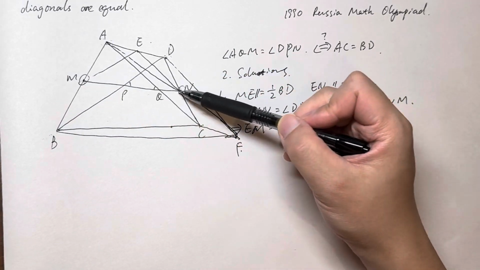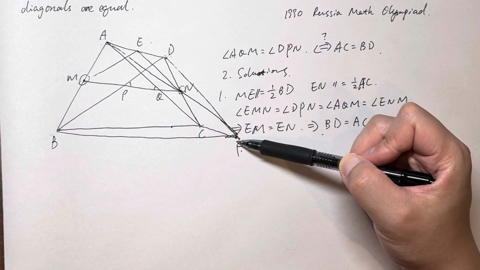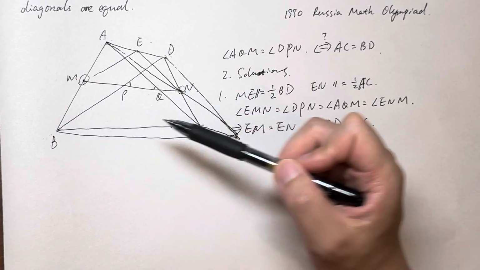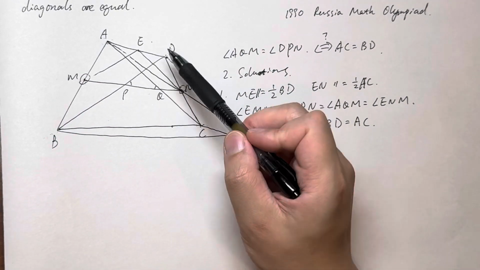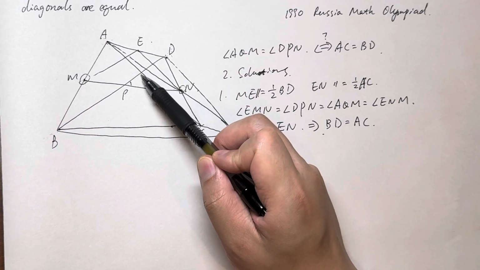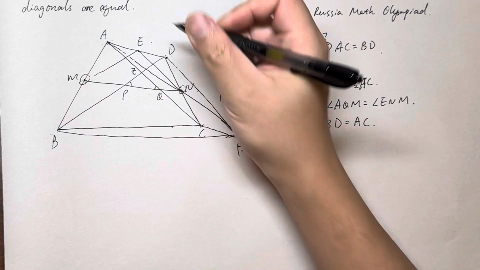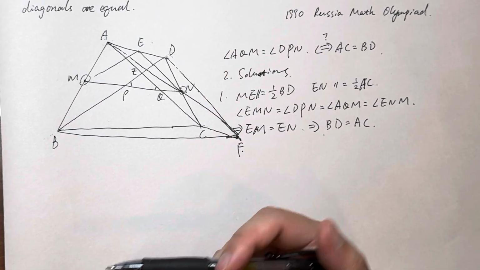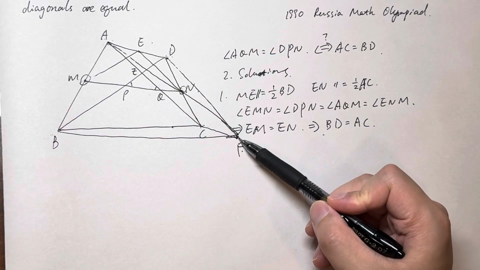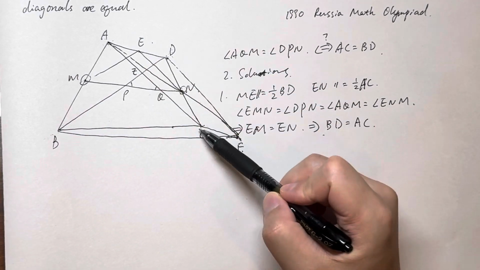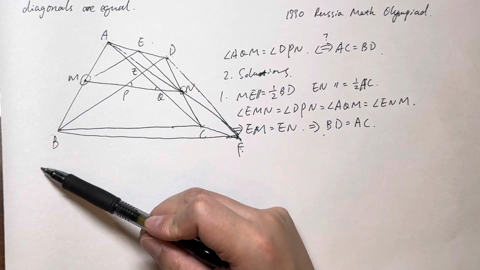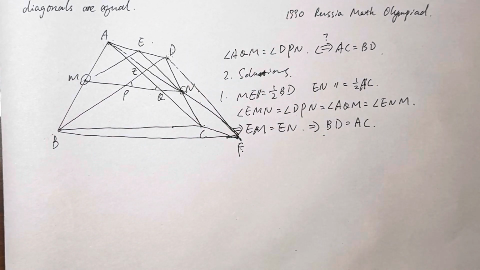And because MN is parallel with BF, that makes the angle DPN equal angle DBF, which means triangle DBF is similar to triangle ZPQ, which is an isosceles triangle, which means BD equals DF. And because ADFC is a parallelogram, that makes DF equal to AC, which means BD equals AC, right?